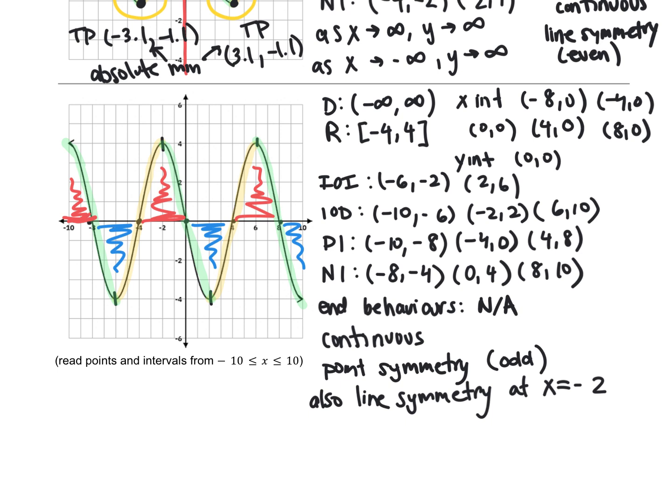Now we have our turning points, and there are lots of changes in direction here. So I have a turning point here at -10, 4. Because I do know this function continues because of those arrows, that does become a turning point. If the function ended right there at -10, 4, that would not be a turning point because there wouldn't be a change in direction, but this does continue, as I said.